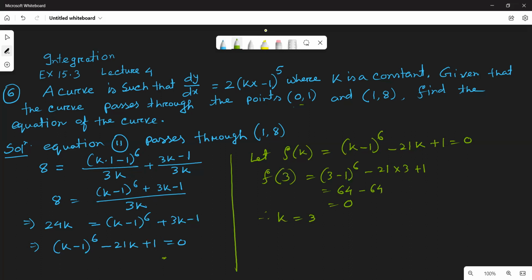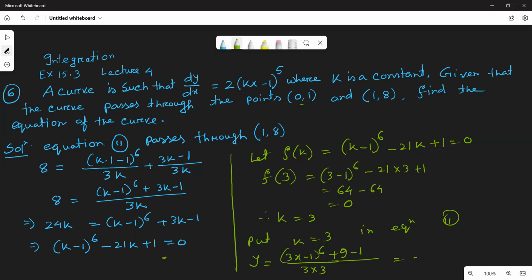Now put k equals to 3 in equation 2. So our equation of this curve is y equals to (3x minus 1) to the power 6, below side 3 into 3. Okay, here also it will be 9 minus 1.